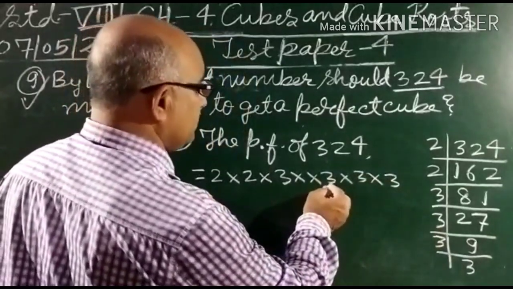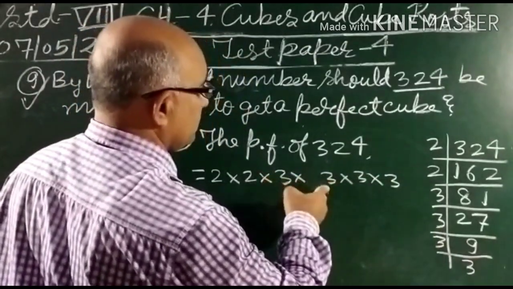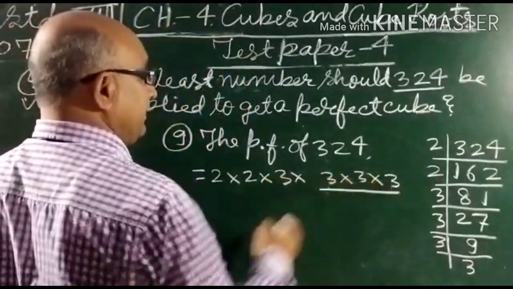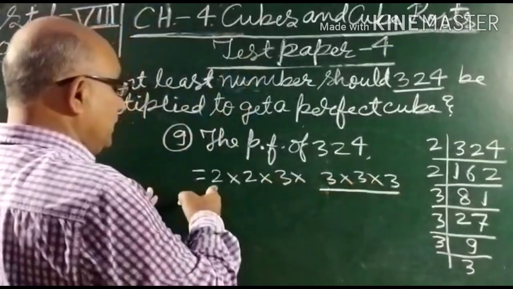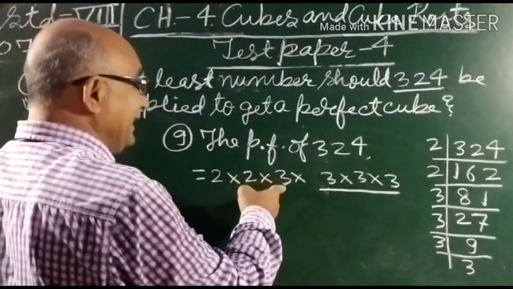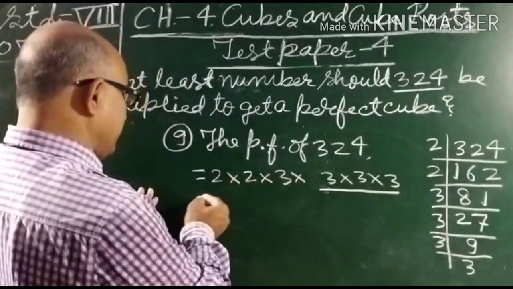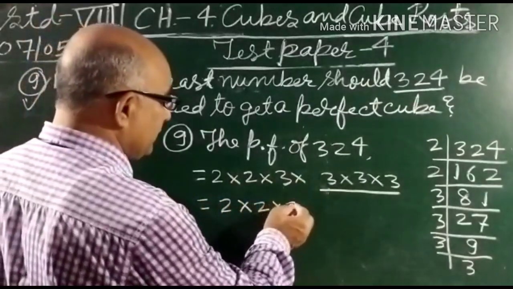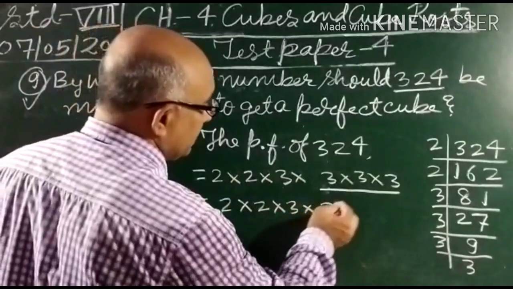Students, make a triplet. 3 into 3 into 3 is a triplet, but 2 into 2 and 3 is not in a triplet.